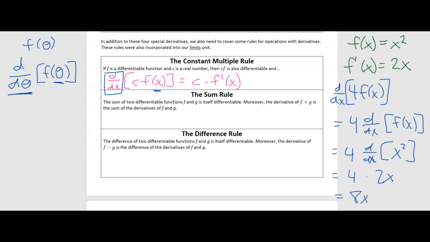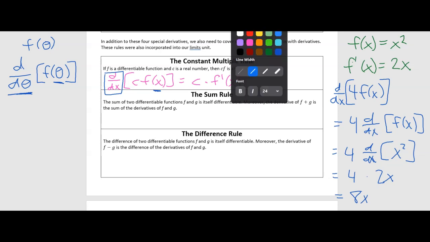So we end up getting the same derivative at the bottom as when we just combined the constant with the function and then used the power rule. It was just a different way of doing it. So you can incorporate the constant right away, or you can factor it out and then put it back in at the end. Both ways are going to get you the same result.